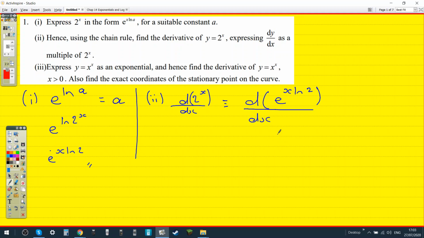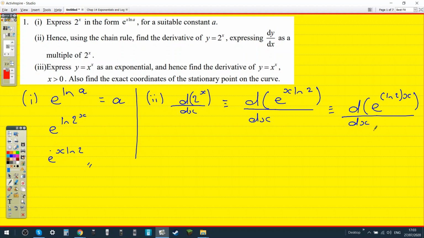I'm not really sure because if you differentiate e to the x, you just get e to the x. But so would you just get e to the x ln two? What if you wrote it as ln 2 x?